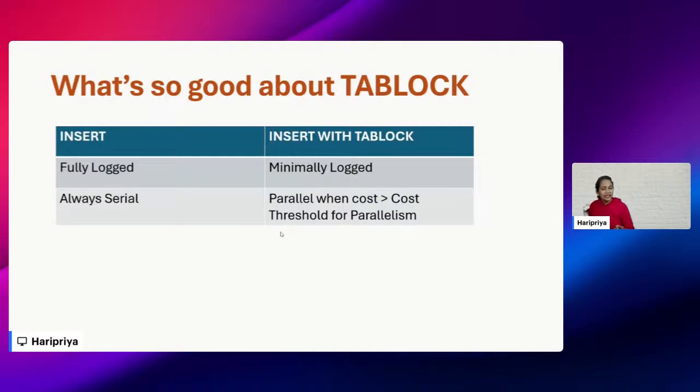But when you do the insert with the TABLOCK hint, especially when the operator cost is more than the cost threshold for parallelism, you have multiple threads inserting that data into the table. So if you have 1,000 rows, you'll have 7 or 8 threads inserting 150 each or 120 each.